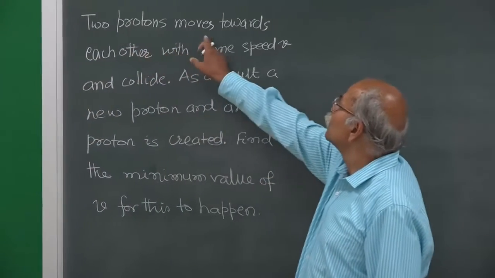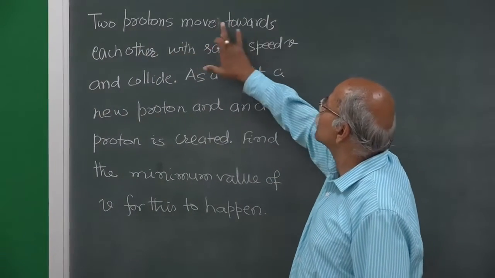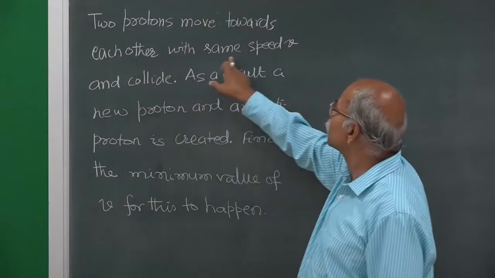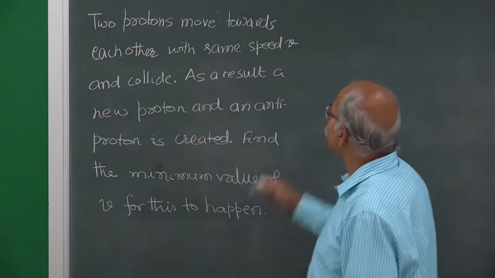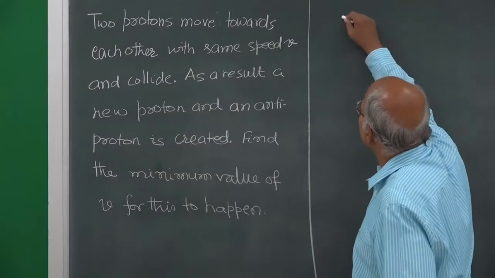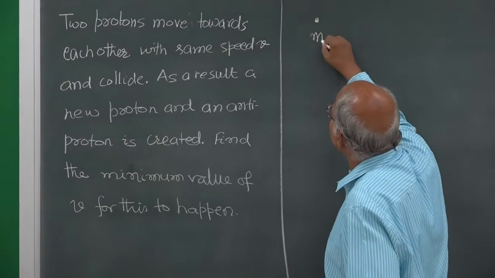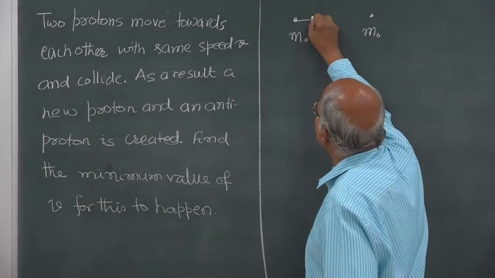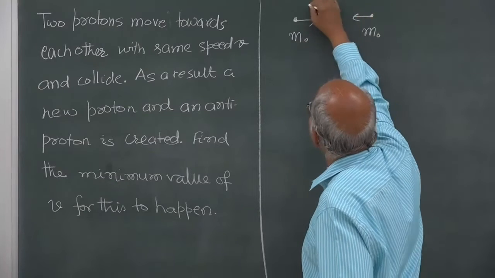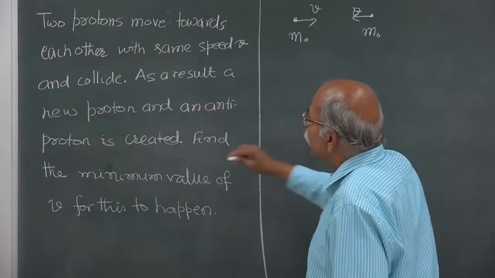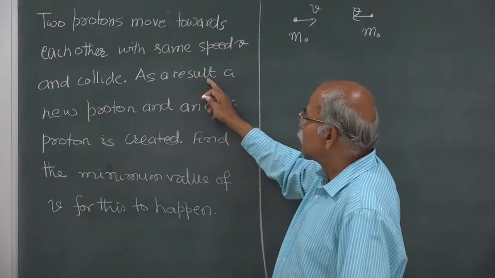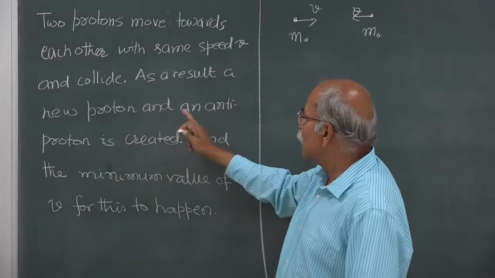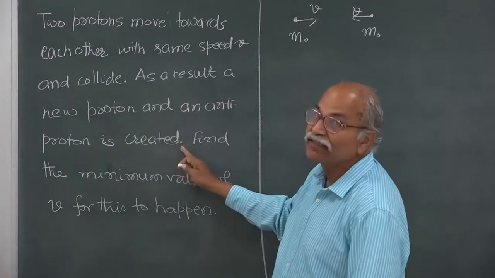Two protons move towards each other with same speed v and collide. So, you have two protons, say rest mass m naught, rest mass m naught, and they move towards each other with same speed v and collide. As a result, a new proton and an antiproton is created.